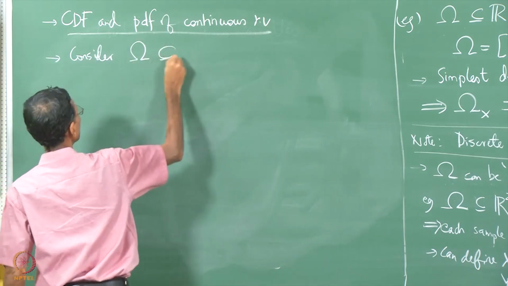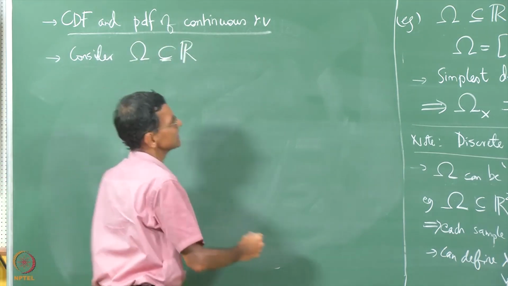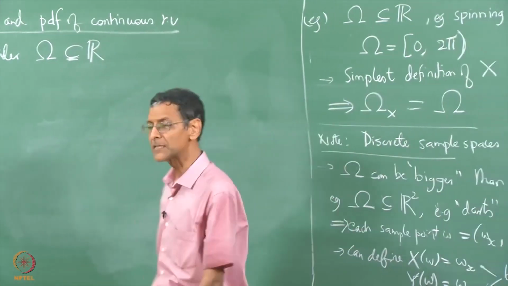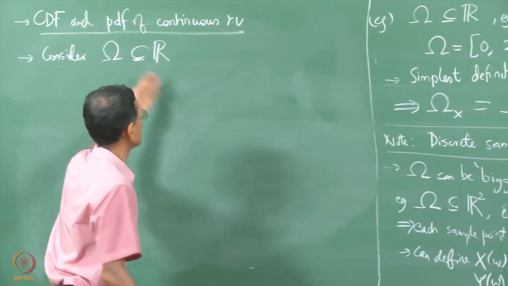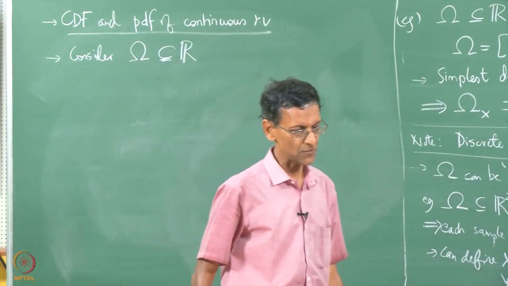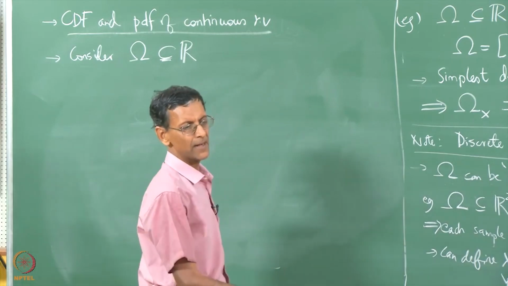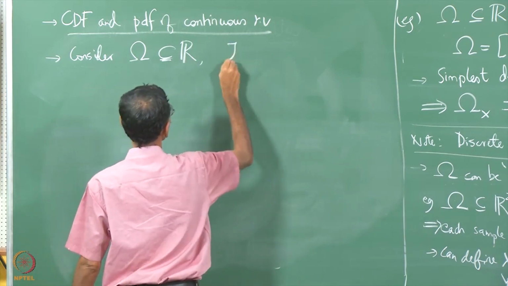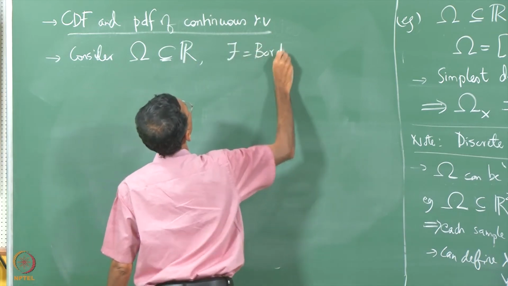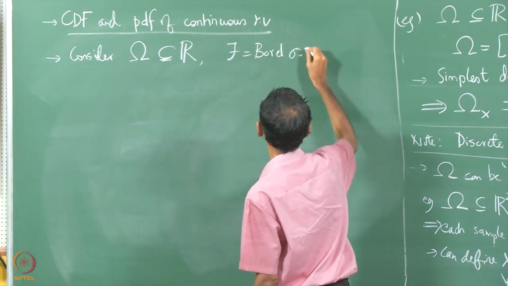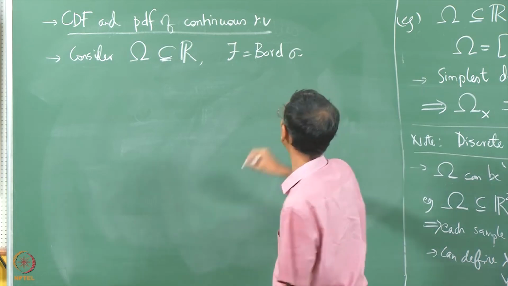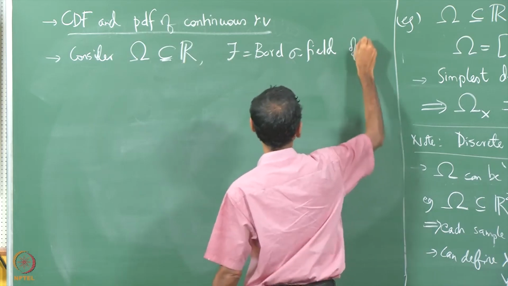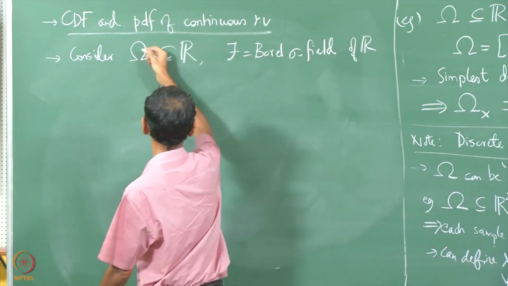Consider the sample space omega as some subset of R, which is again the same thing as here, but I am not necessarily going to restrict myself to spinning a pointer. It could be any experiment where omega is some subset of R, right, and then of course I have the script F being the Borel sigma field on that particular subset of R, or you can take it to be the set of all intervals, it does not matter anyway.